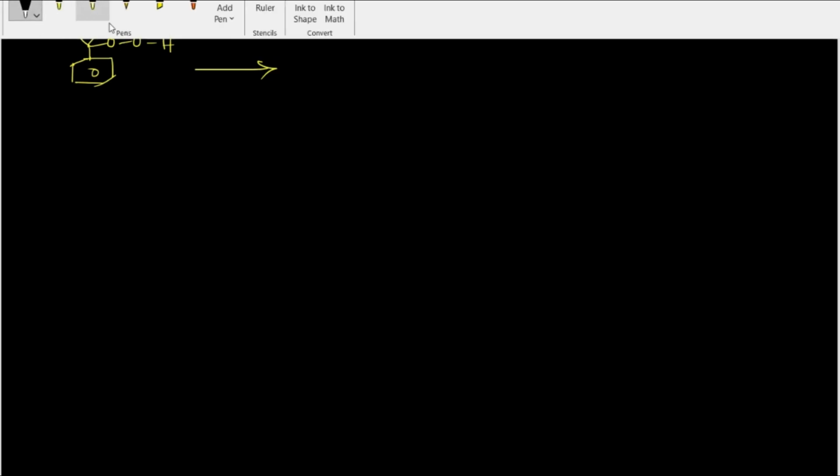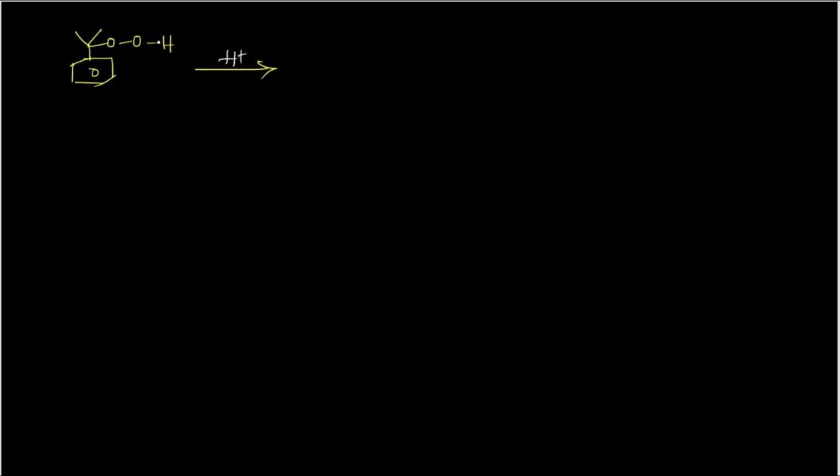rearrangement takes place. So what we have got is cumene hydroperoxide, right? OOH. Now in the presence of water or H plus, let me change the color. Here in the presence of water, this O will get protonated.